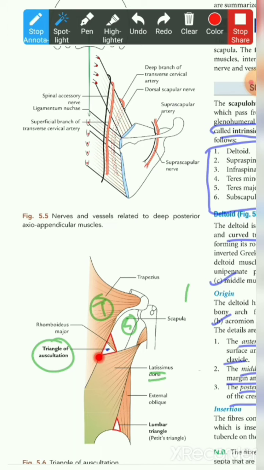The border is formed by the lower border of the trapezius muscle, the medial border of the scapula, and the upper border of the latissimus dorsi. So there is a muscular triangular gap on the back of the thorax. Its importance is for auscultation of the lower lobe of the lung, because it becomes more subcutaneous and more superficial when the trunk is flexed.